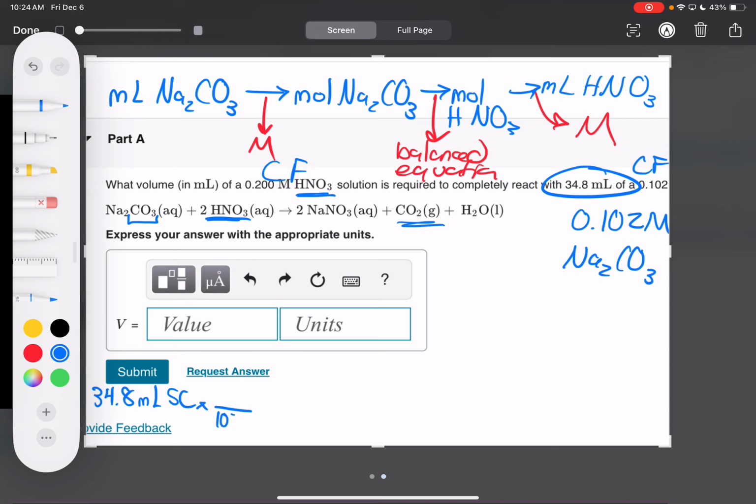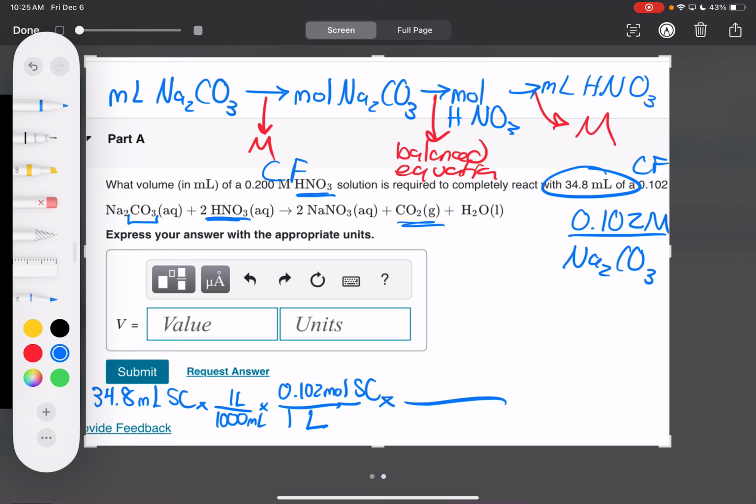Okay, I'm gonna convert that to liters, because I can't use molarity until I'm in liters. Then I look at the molarity, it's 0.102 molar, which is 0.102 moles per liter. So 0.102 moles of sodium carbonate per 1 liter.